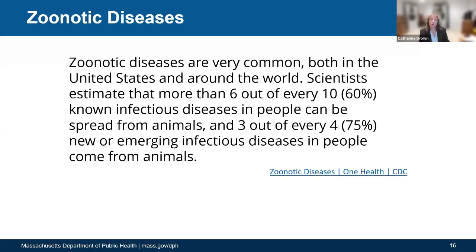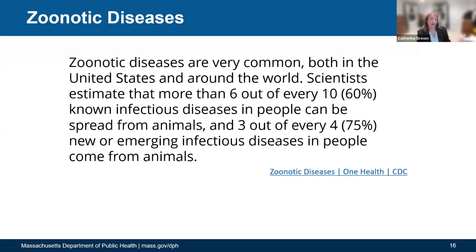And then 75% of new or emerging infectious diseases in people come from animals. And of course, we could probably talk about COVID as one of the most recent examples of that, a virus that probably came originally from a non-human animal and then caused a global pandemic.